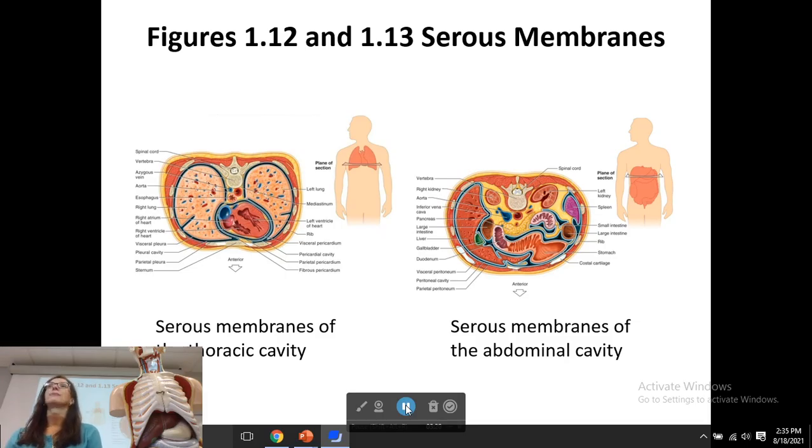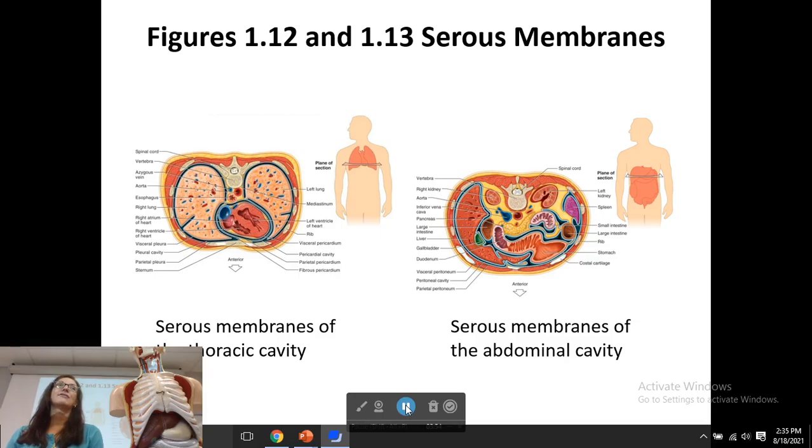So pericardium, where's it going to be? It's around what organ? The heart, right. So pericardium is around the heart, all right?